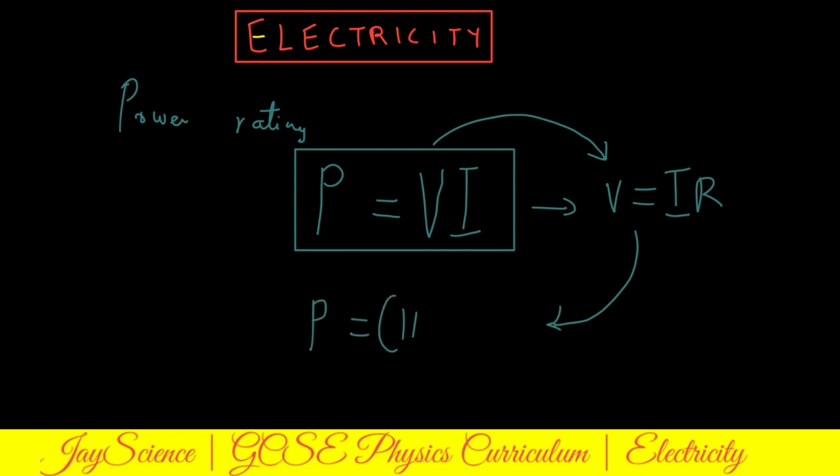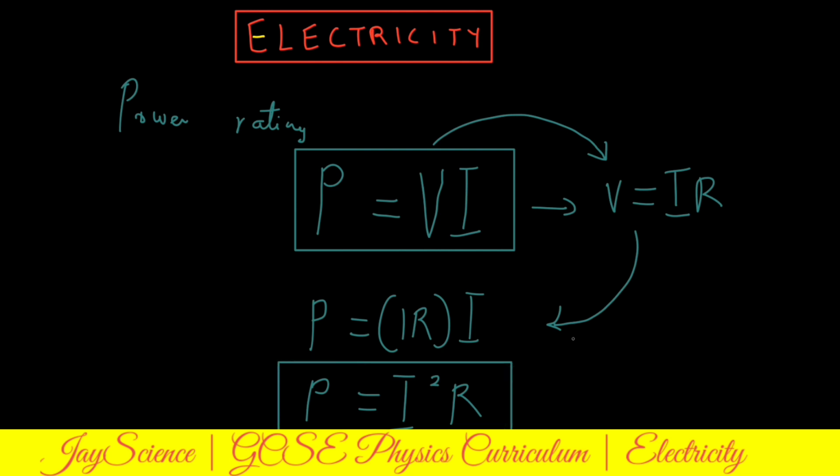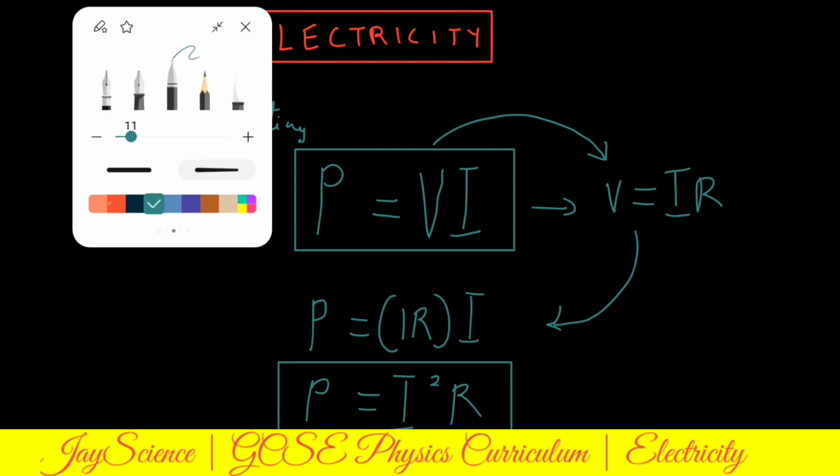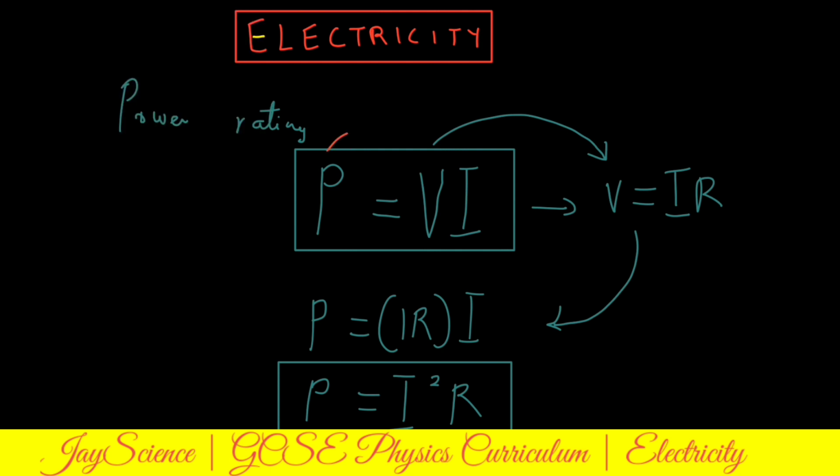So we have IR times I, and this becomes P equals I squared R. So here you have an alternative equation. And just for the record, P is measured in watts, V is measured in volts, and I is measured in amps. R is measured in ohms. That's the resistance.